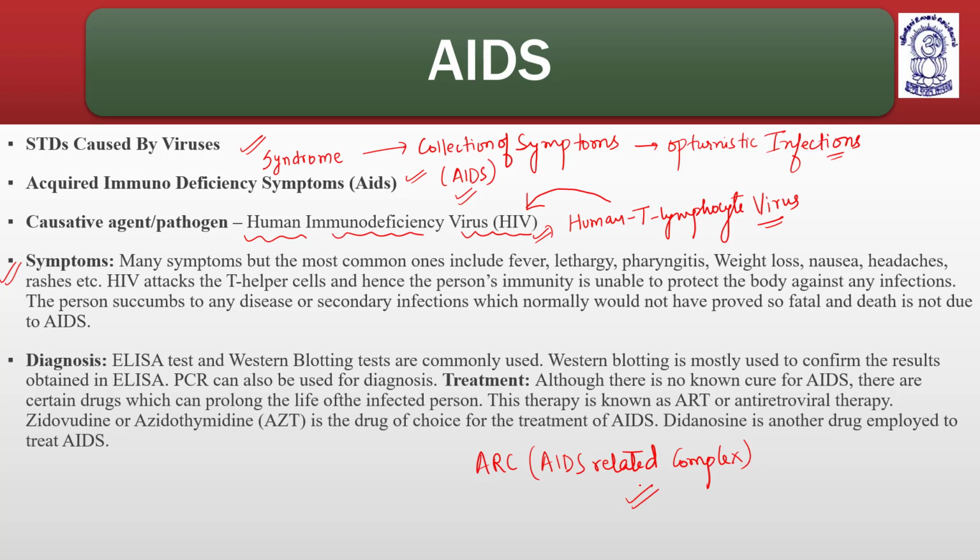If the virus is inside a body and is detected by different diagnostic procedures, then the virus is said to be in the latent phase, because HIV especially has a very large window period. The window period is a period during which the genome of viruses replicates and makes proteins to infect the host. In case of HIV, the window period is large, so it will take time for the virus to make copies and infect the person.